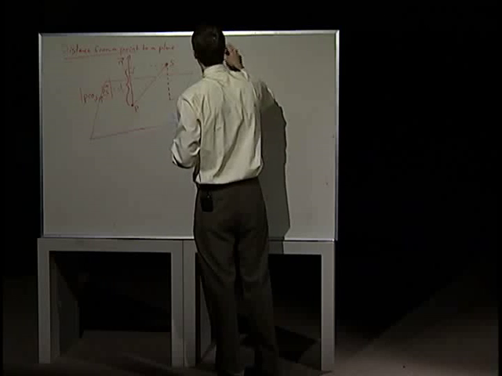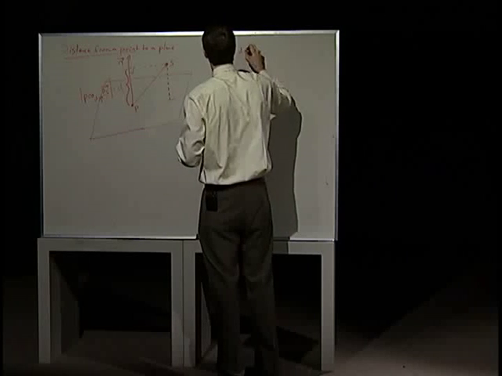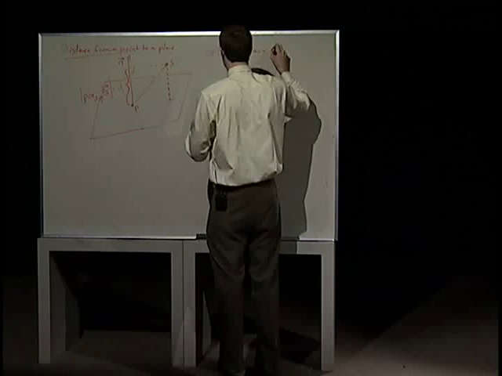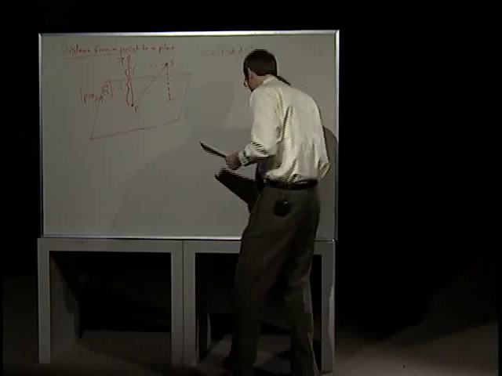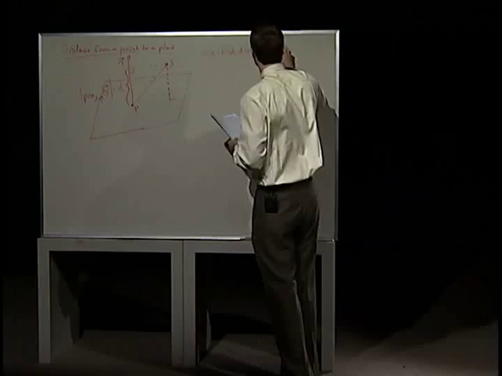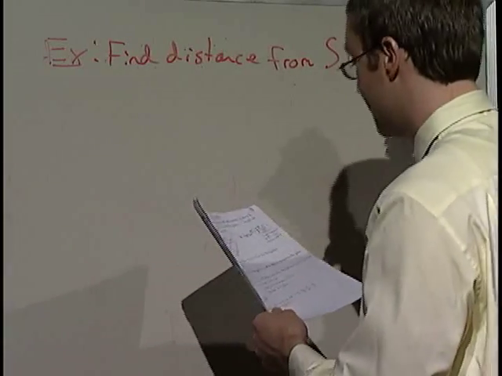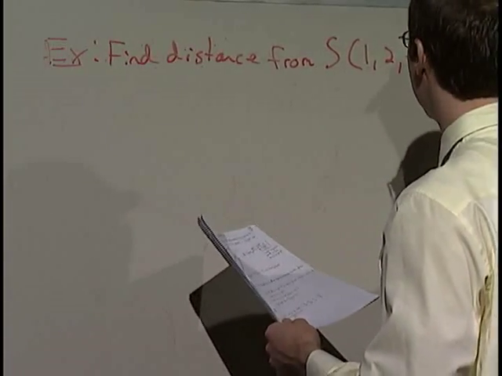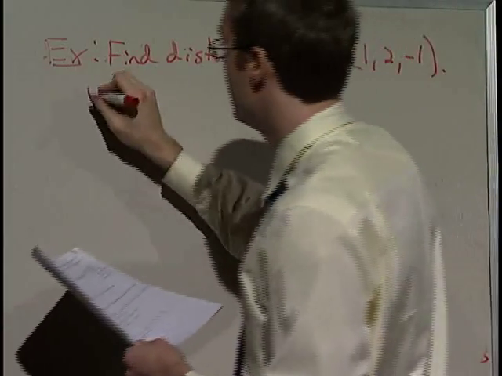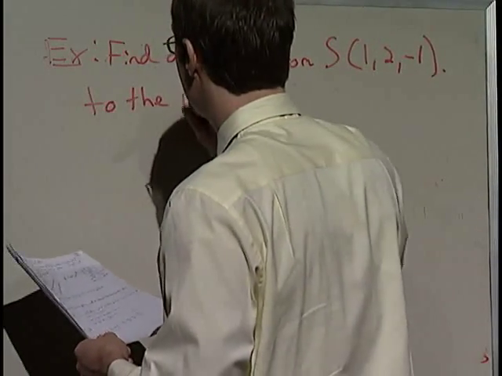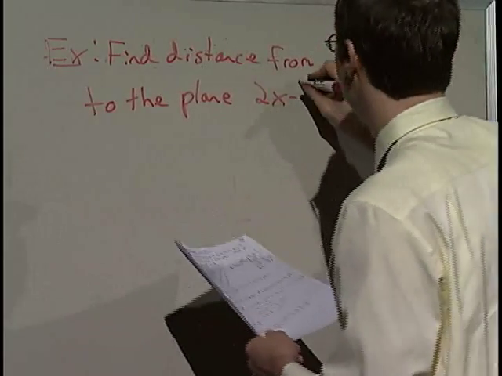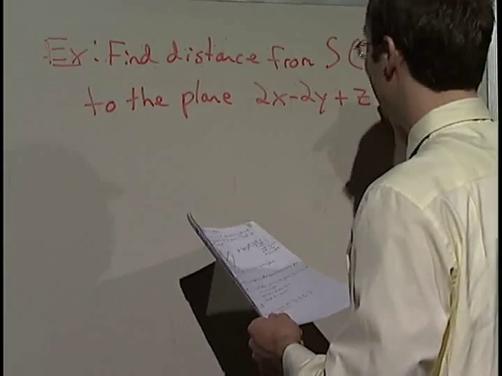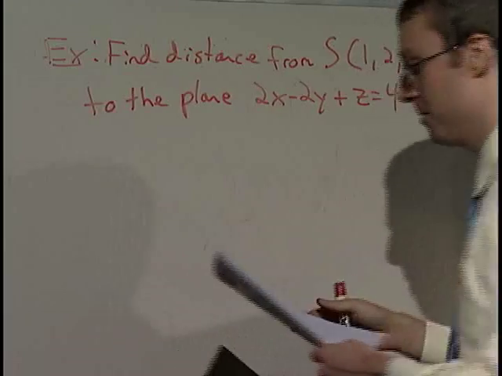So let's find the distance, I should say from, not between really, the distance from the point S, which is (1, 2, -1), to the plane 2x minus 2y plus z equals 4.